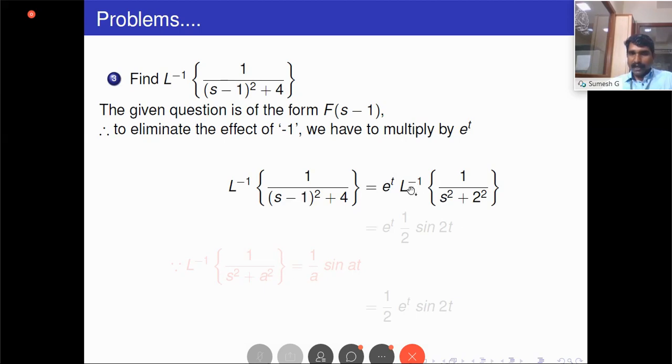Then L inverse of 1 by s square plus 2 square is of the form L inverse of 1 by s square plus a square, which is 1 by a sin at. Here a equal to 2. So we obtain the answer as e raised to t into 1 by 2 sin 2t. Using this result, the final answer is 1 by 2 e raised to t sin 2t.